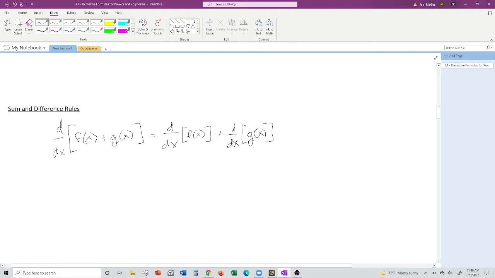All right, so we can distribute derivatives into an addition, or in a summation.